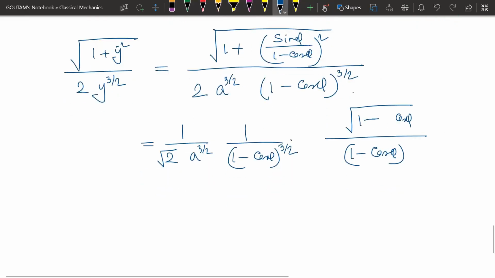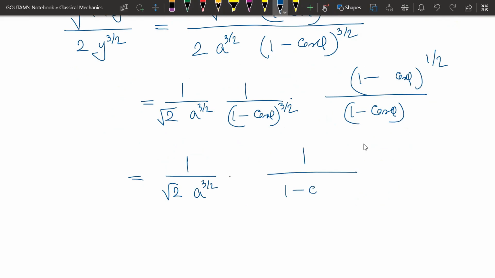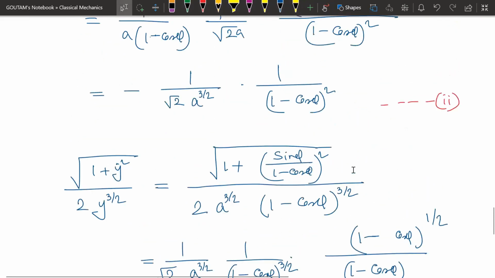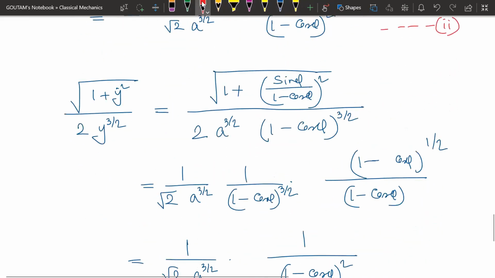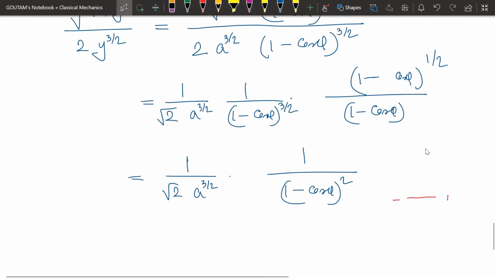So we can write this term as 1 minus cos phi to the power half. As a result, we will get 1 by root under 2 a to the power 3 by 2 times 1 minus cos phi square. So this is equation 3. Let's call it equation 3.